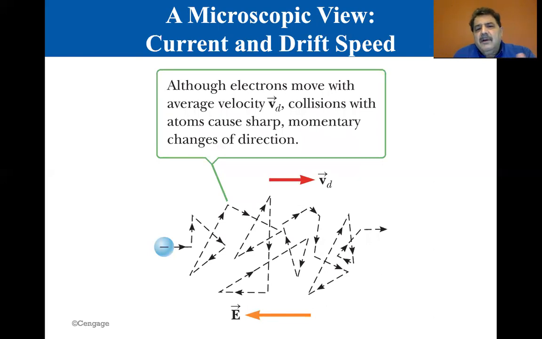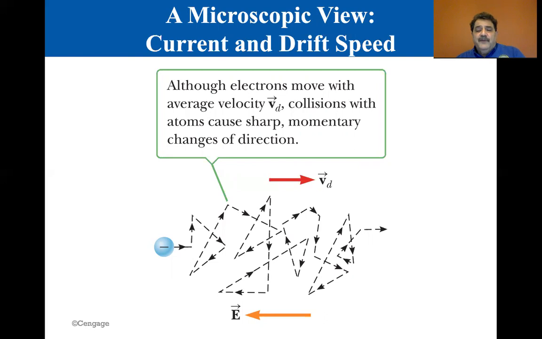Although the electrons move with average velocity v_d, that's the drift velocity, collisions with atoms cause sharp momentary changes of direction. So if there were no electric field, these electrons would probably, based on the temperature, just be bouncing around, in general staying in the same area.